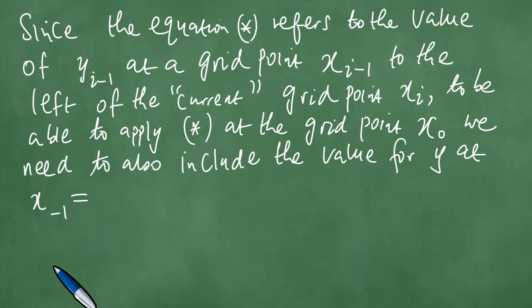So at x minus 1, because now we are dealing with the steps, so this one is going to be like minus 1. Which is outside. Okay, because we're looking at what happens when i is 0. So you have x sub minus 1. So one step, because h is 1, so one step back is minus 1.